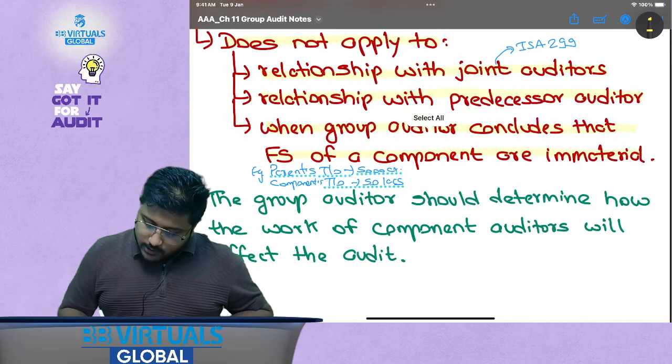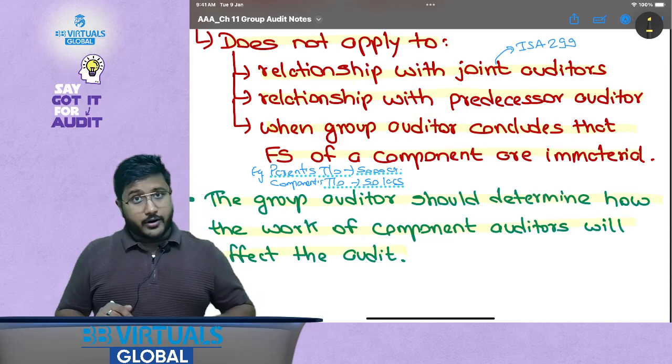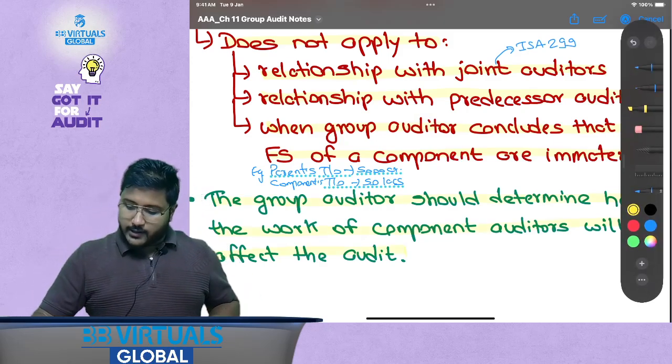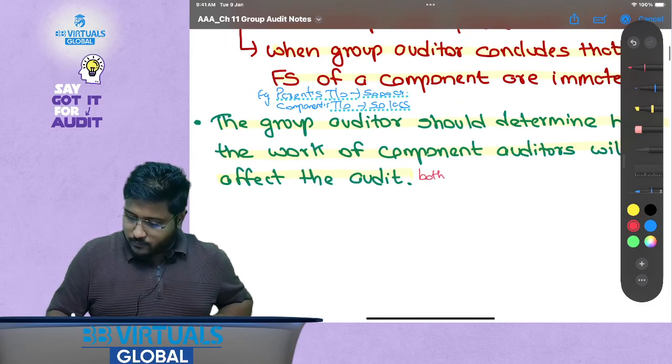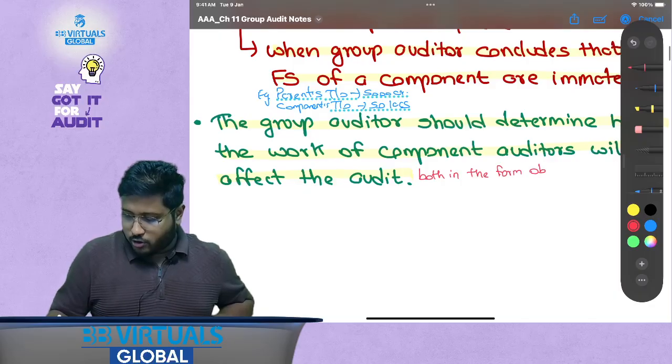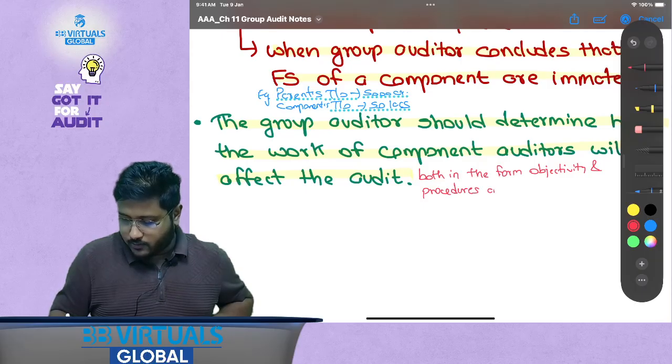Now the group auditor should determine how the work of component auditors will affect the audit, both in the form of procedures and in the form of opinion. Let me write it: both in the form of objectivity and procedures, and the conclusion.